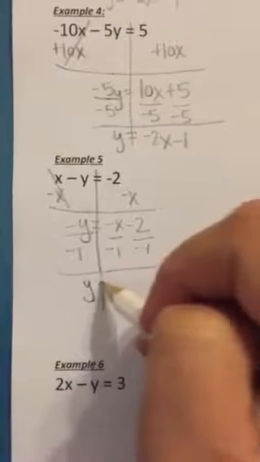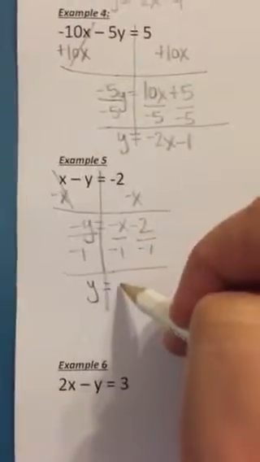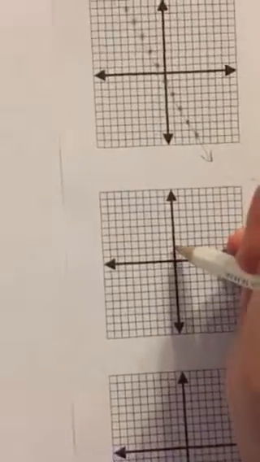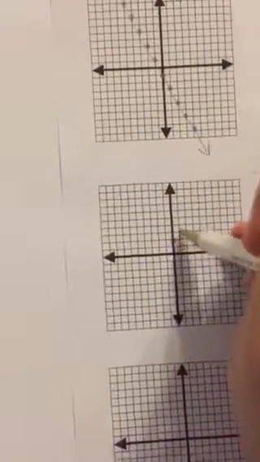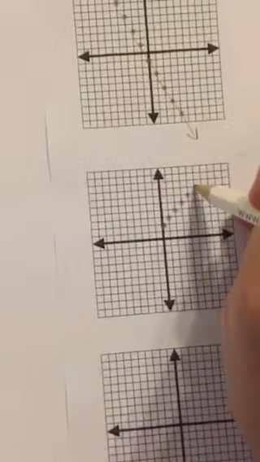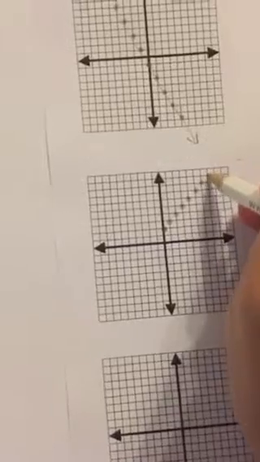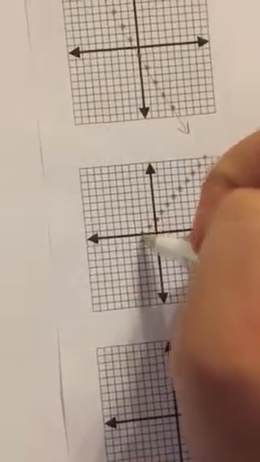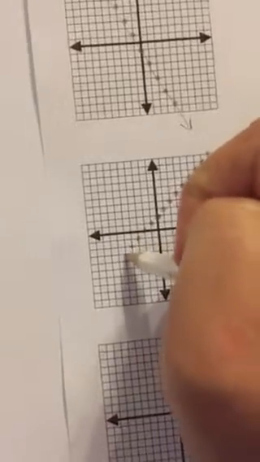So I get y equals, this is going to be x, and then that's going to be positive 2. So y equals x plus 2. So I'm going to start at 2. And I have a slope of 1, so I'll just go up 1 over 1. And then I'll go back this other direction.